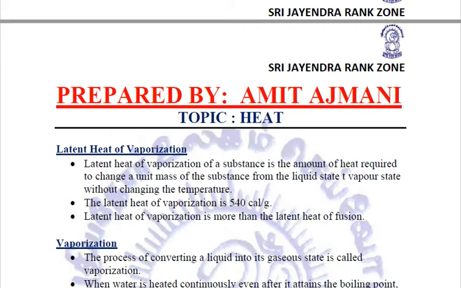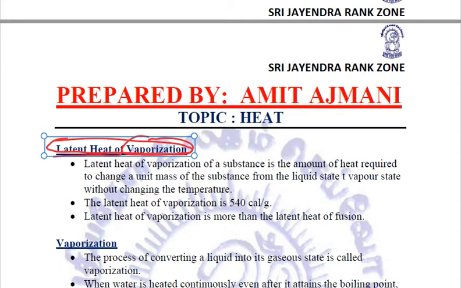Next type of latent heat is latent heat of vaporization. What is vaporization? We know the process of conversion of a liquid into gas. So if we are converting a liquid into gas without changing the temperature, that amount of heat energy given to bring about that conversion is called latent heat of vaporization.